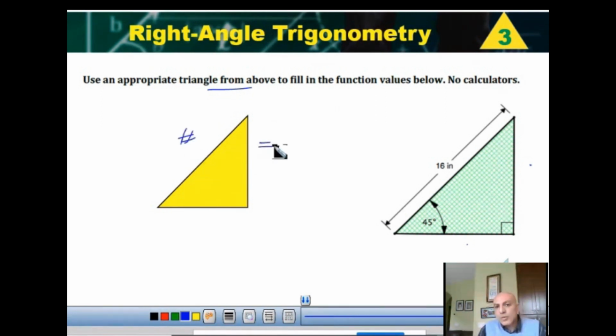This would be, if you looked closely at the slide before, a number times square root of 2 over 2. This is going to be the number times square root of 2 over 2. Okay? And my number now is 16. So this is going to be 16 divided by 2 times square root of 2, which is how much? 16 over 2 is how much? 8. Thank you. So 8 square root of 2.